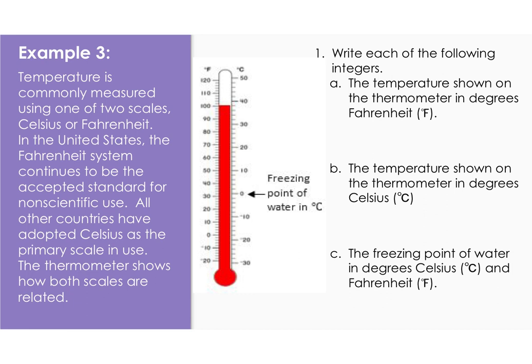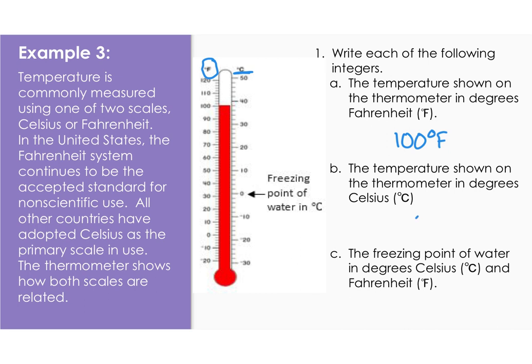So over on the left side is Fahrenheit. So that looks like it's about 100 degrees Fahrenheit. The temperature shown on the thermometer in degrees Celsius. So if we go up, Celsius is on the right, and each one of those tick marks go up by 2.